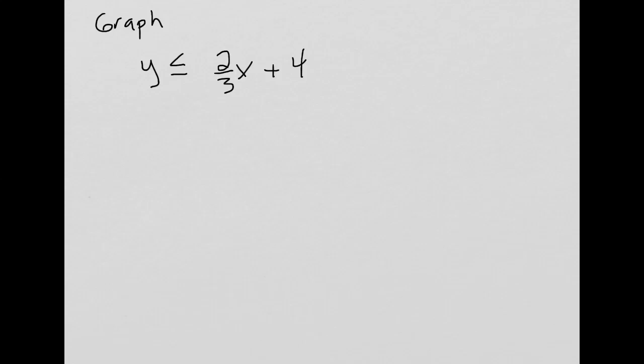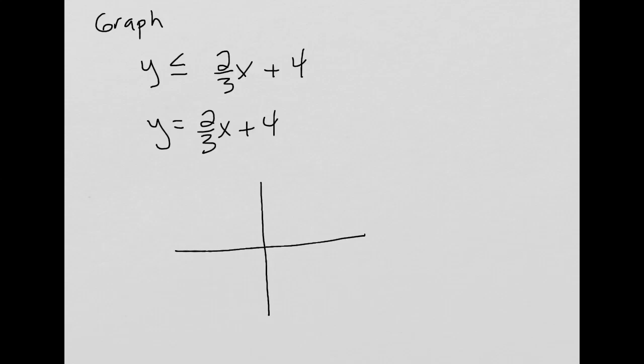Okay, so our first step again, just like before, is let's pretend that we have an equation rather than an inequality. So let's graph out this line. This time, because the line is in slope-intercept form, we're going to use that to our advantage when we do the graph.